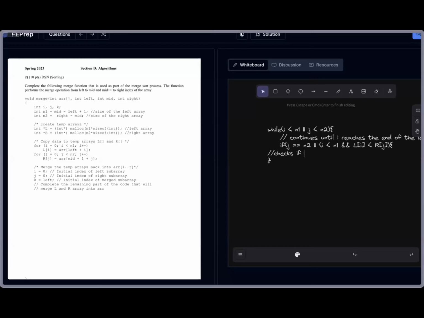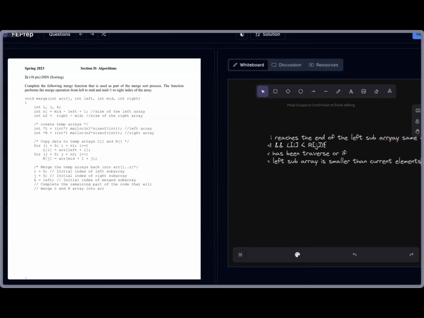This essentially checks if the right index has been traversed or if the current element in the left subarray is smaller than the current element in the right.